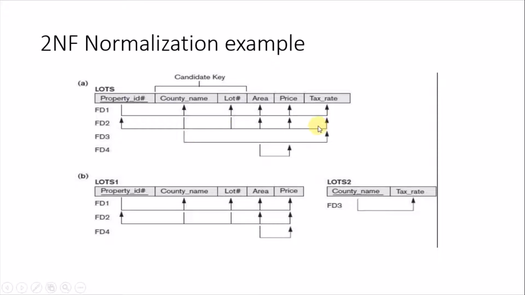When you consider FD1, the definition of second normal form says that every non-prime attribute A in R is fully functionally dependent on every key of R. The non-prime attributes are area, price, and tax rate.